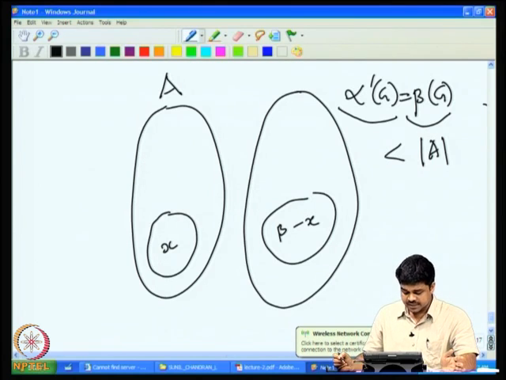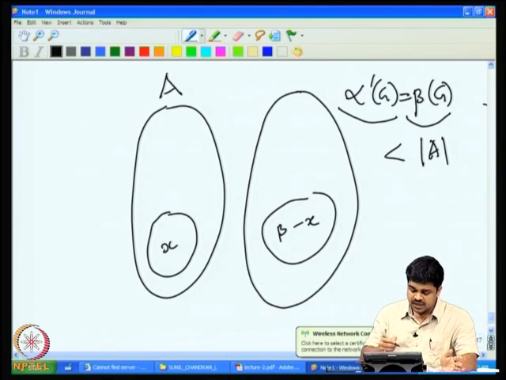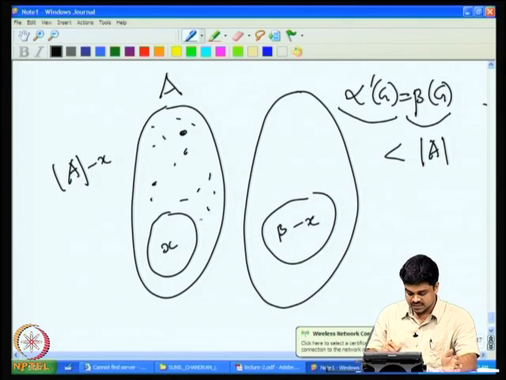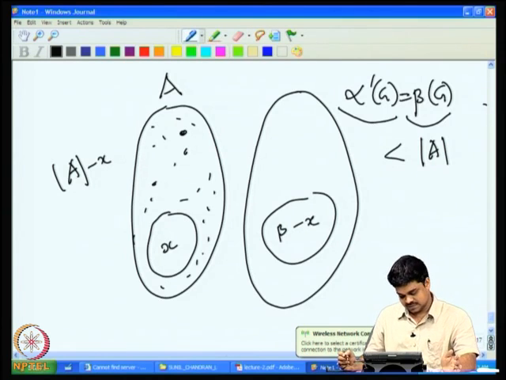Now this being a vertex cover, what can I tell about the edges starting from a vertex outside this? Here there are cardinality of A minus x vertices outside, because x vertices are in this vertex cover. The remaining number of vertices is A minus x, and of course x cannot be equal to A; there should be something left.